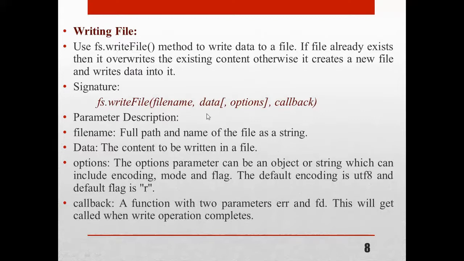Then options include the flags we are going to set. The default flag is w, for write, and the callback function takes two parameters, error and fd. Okay, this is the syntax for writing a file.